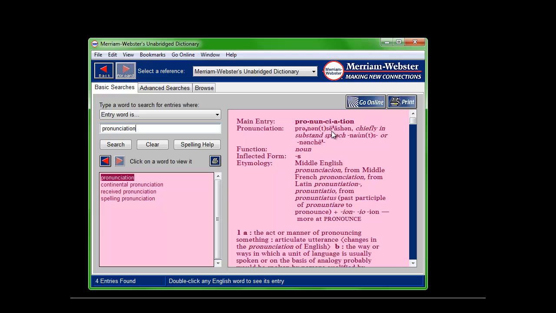So in this word, the "ay-shun" part is going to have the most stress because this mark is right behind it, the one up top. The accent mark on the bottom just says that the syllable right after it is going to have the second most stress, next in line. So in this word, the "nun" part should be the second most emphasized.